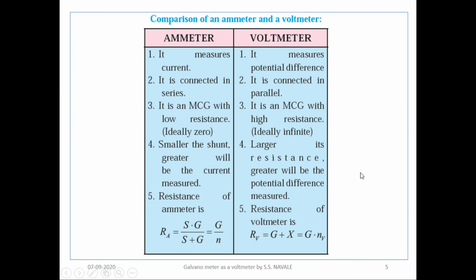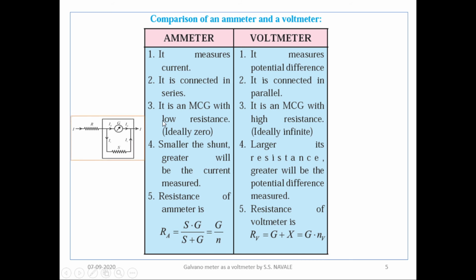The comparison of an ammeter and a voltmeter. First, the ammeter measures current, the voltmeter measures potential difference. Second, the ammeter is connected in series and the voltmeter is connected in parallel.